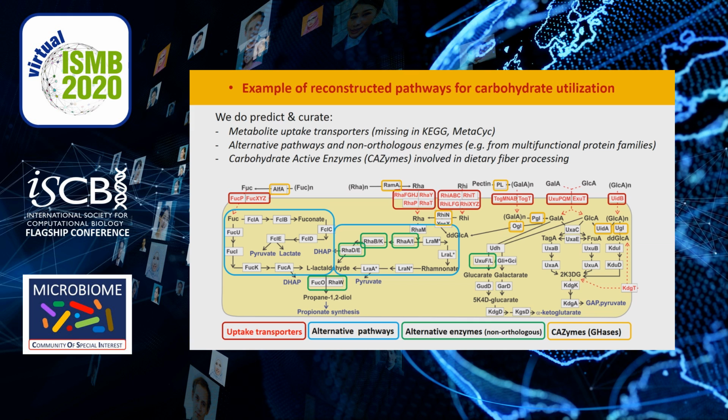Here is an example of a sugar utilization pathway, where we specifically predict and curate metabolite uptake transporters in addition to catabolic enzymes. We curate different alternative pathways for sugar utilization and non-orthologous enzymes catalyzing the same reaction. We also annotate carbohydrate active enzymes involved in dietary fiber processing.